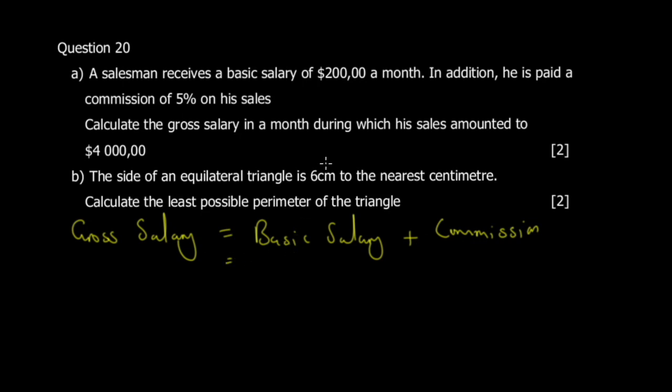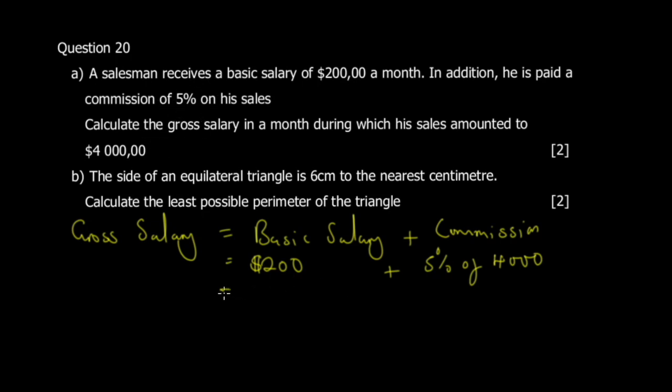And then basic salary, how much is it? It's $200. Then plus commission, how much is it? It's 5% of what? Of his gross sales, which are 4,000 for our case. In general, this is general arithmetic. I think this is a very common question.